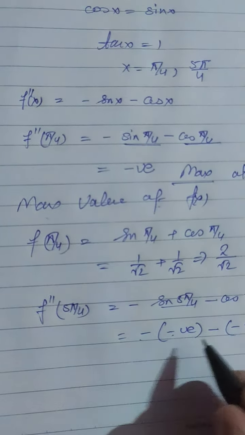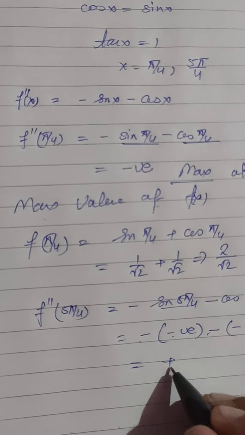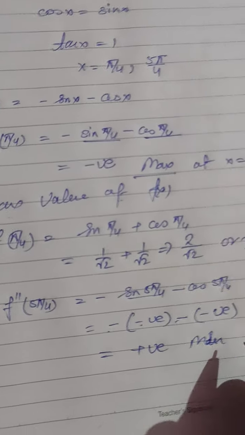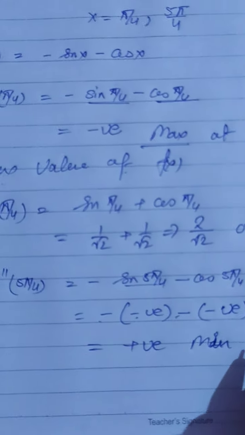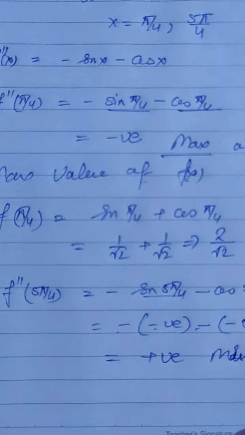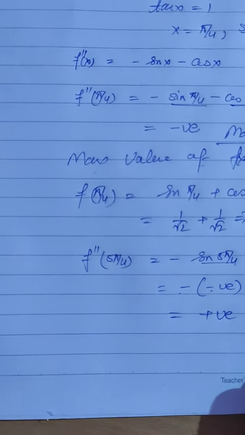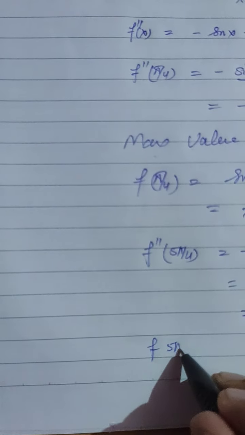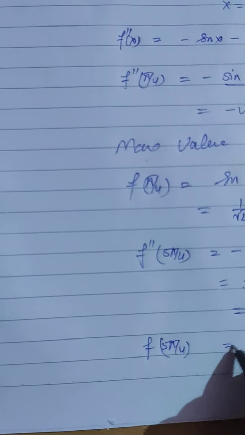So positive and positive overall will be positive. Positive means minimum. Minimum value will be at x equals 5 pi by 4. So f(5 pi by 4) will give us the minimum value of the function.